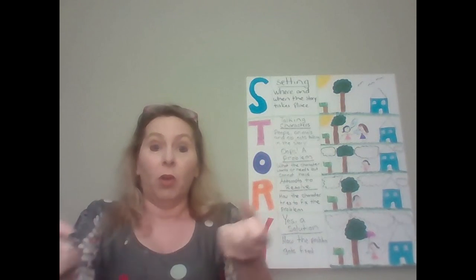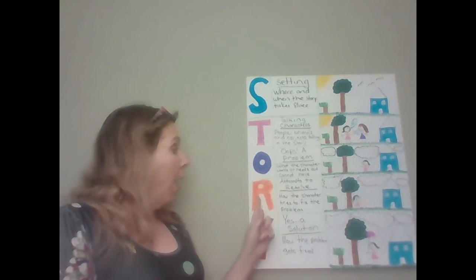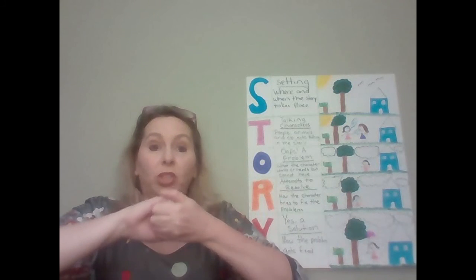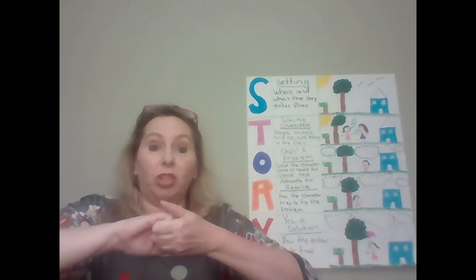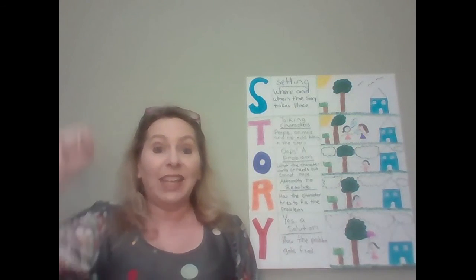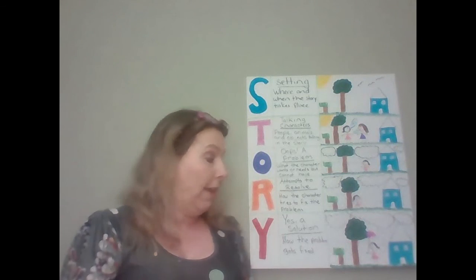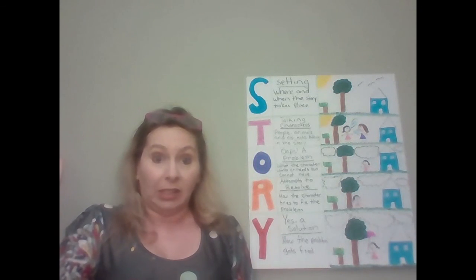That is what the character wants or needs but cannot have. R is for attempts to resolve, how the character attempts to fix the problem. And Y is for yes, a solution, how the problem gets fixed.